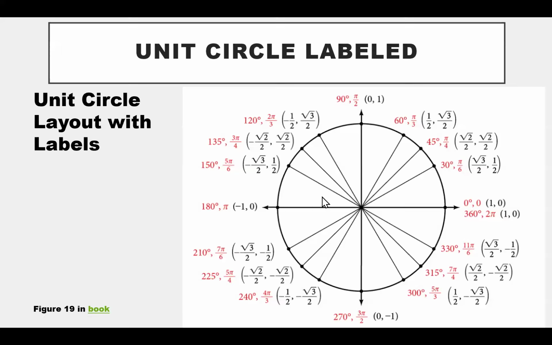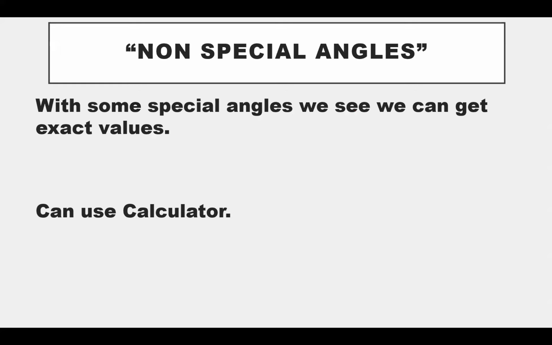Anytime we can have an angle that we can reference in this diagram, either directly or being coterminal to one of the angles in the diagram, then we can define those 6 trig functions: cosine, sine, tangent, cotangent, secant, cosecant, of whatever angle. Now, the obvious question is, what if we have non-special angles? Angles that we cannot figure out from that diagram.